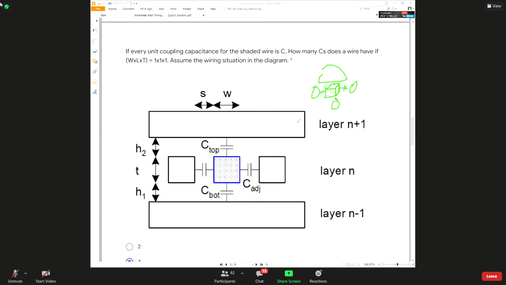So every unit coupling capacitance of the shaded wire is C, and in total, how many capacitors do we have if the wire size is 1 by 1 by 1, which gives you exactly a cube? And we're trying to figure out the capacitance of this wire.